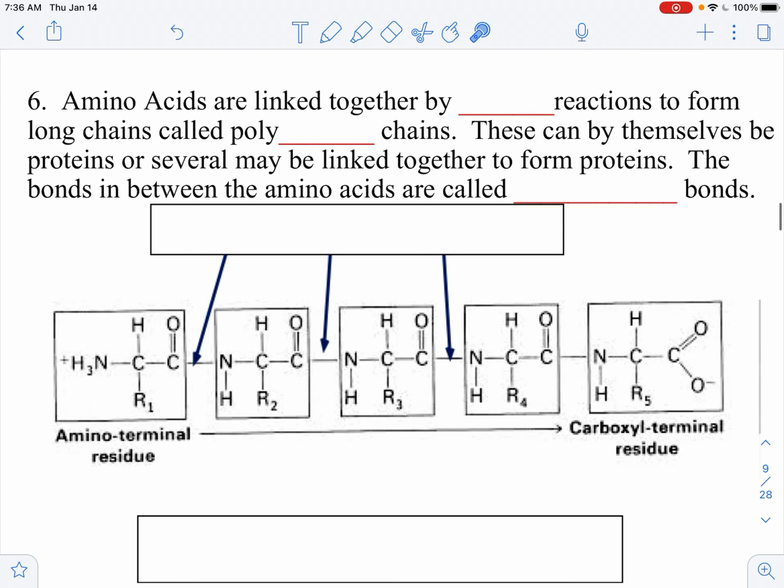So amino acid chains, I just drew this on the other page, but amino acid chains are linked together. But this is old. We know this by now, I hope, by condensation. Whenever we're combining small molecules, it's a condensation reaction. But when we do that with amino acids, we build long chains called polypeptide chains.